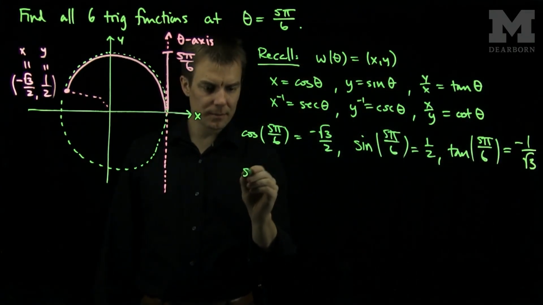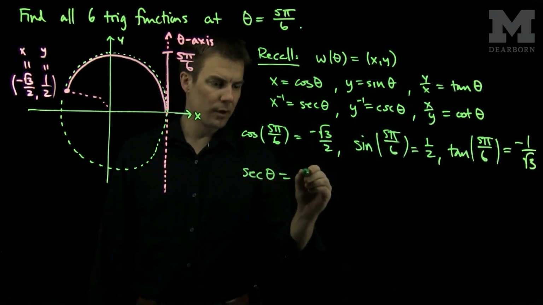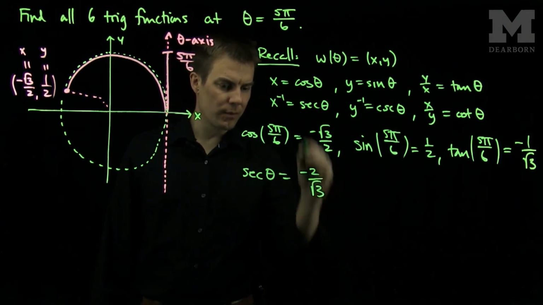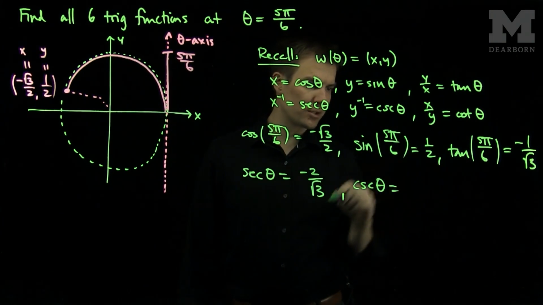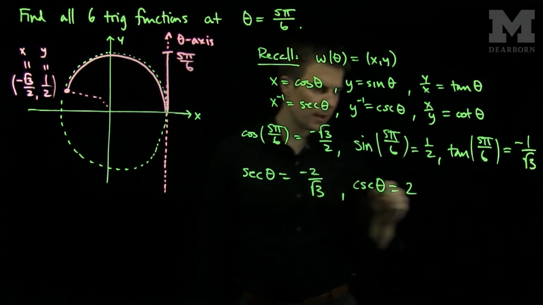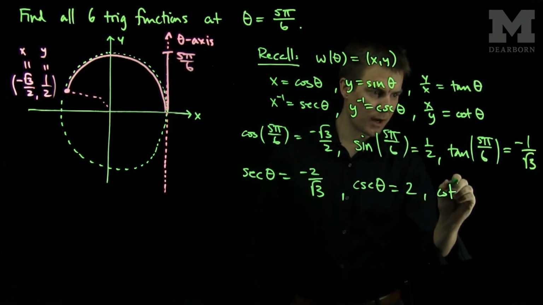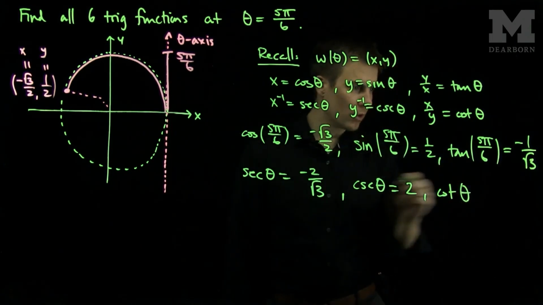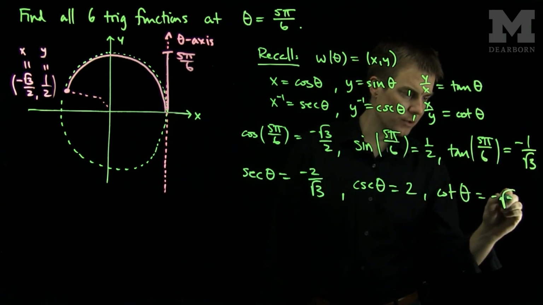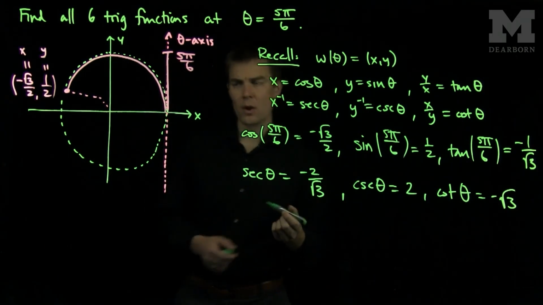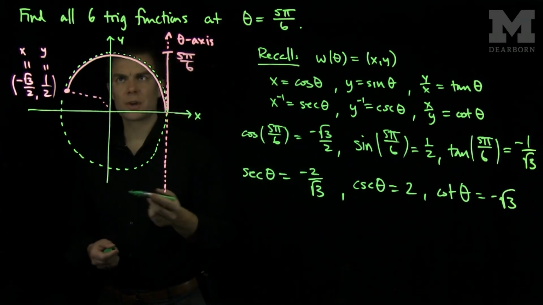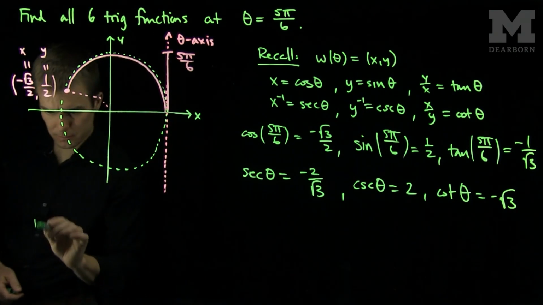The secant of theta will therefore be negative 2 over the square root of 3. The cosecant of theta will be the reciprocal of 1/2, which is 2. And the cotangent of theta will be negative square root of 3, where here in this case theta is exactly 5 pi over 6.